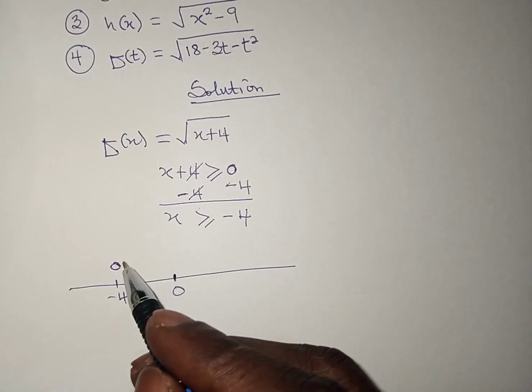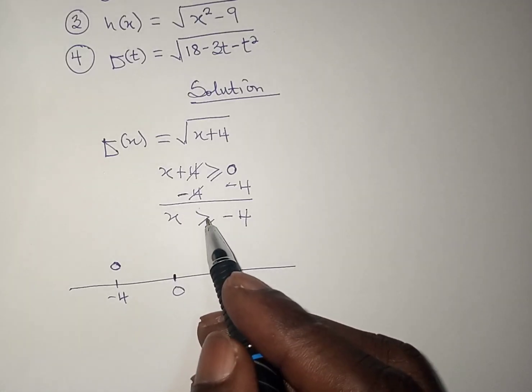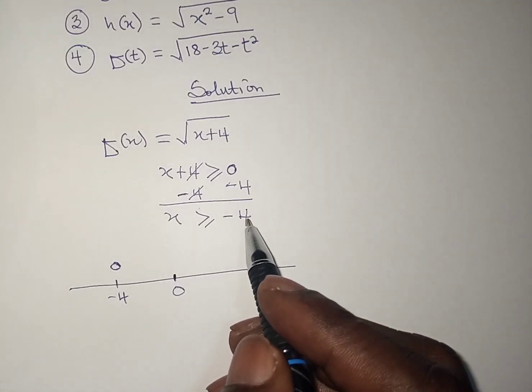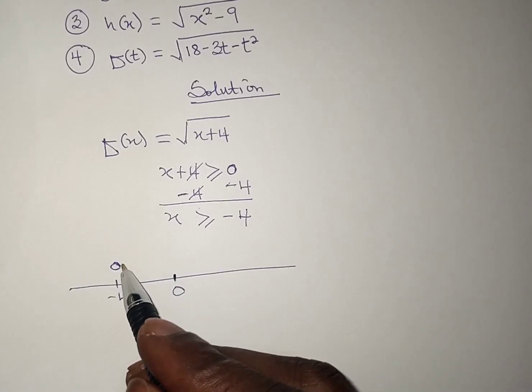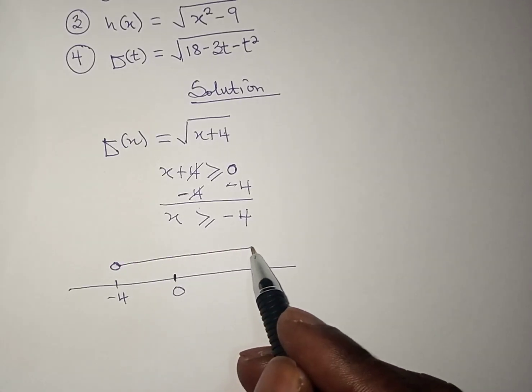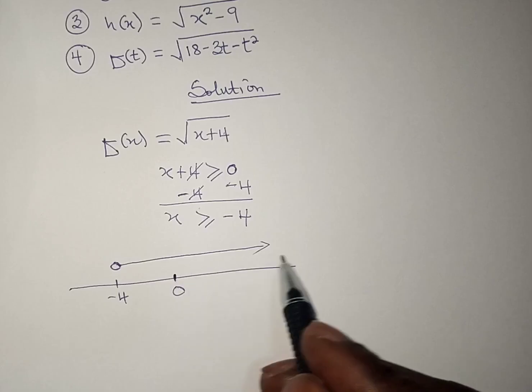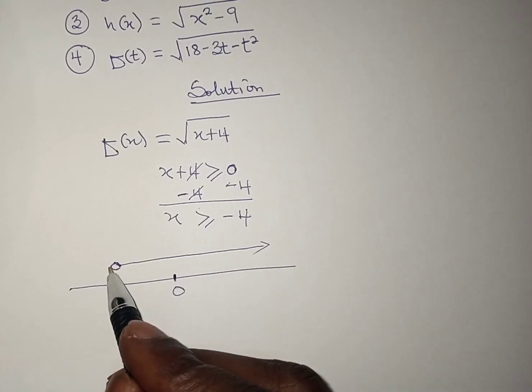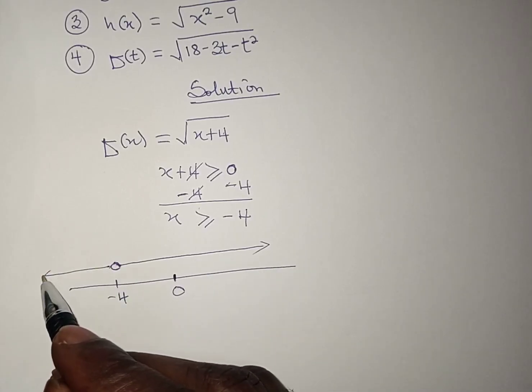If that is the case, then x being greater or equal to -4, I'm looking at my right side, so my number line should face this direction. Okay, and then we also have the left side here.